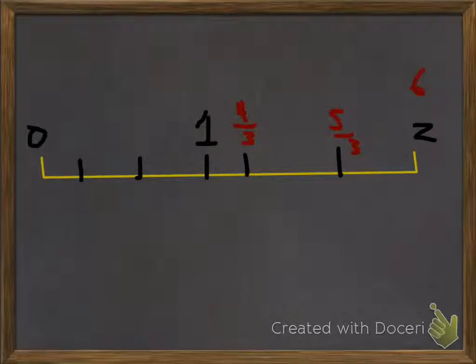And 6 over 3. And then, we can also take numbers like 1/4 and 1/2, and we can plot them on the same line.